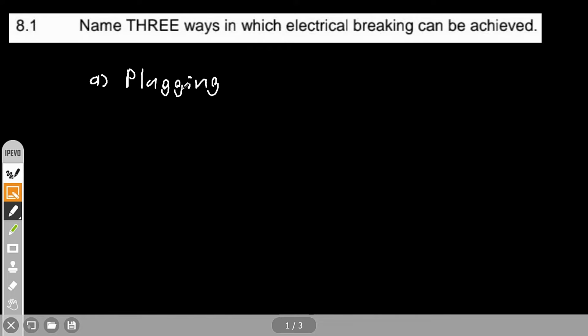The first method is by plugging. And then the second method is regenerative braking, right? And then you have your dynamic braking.